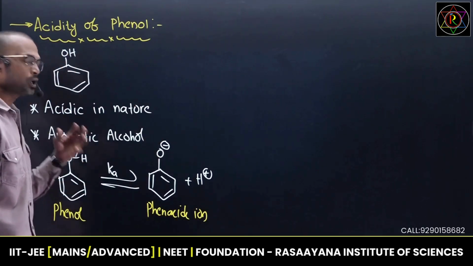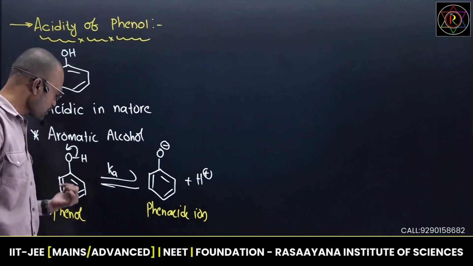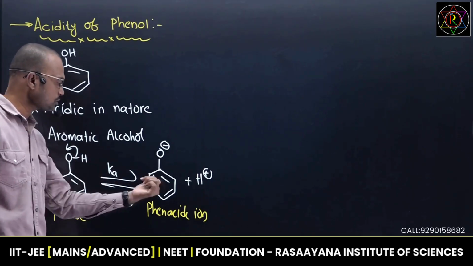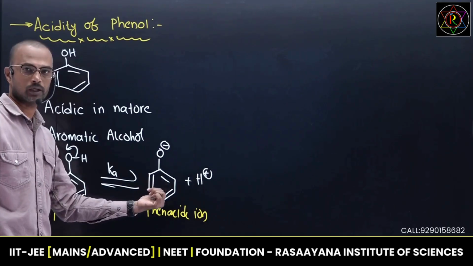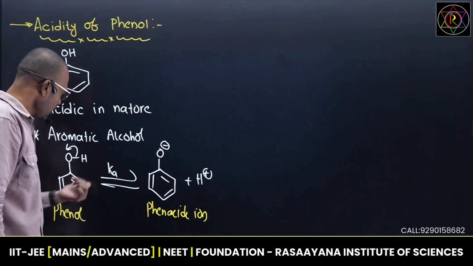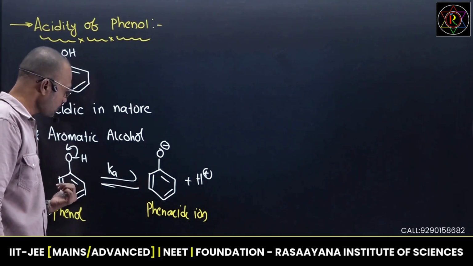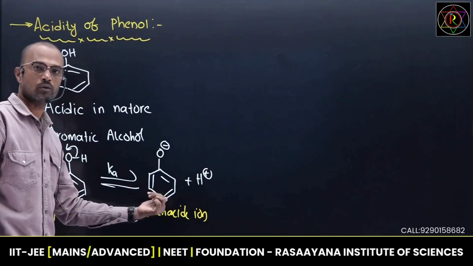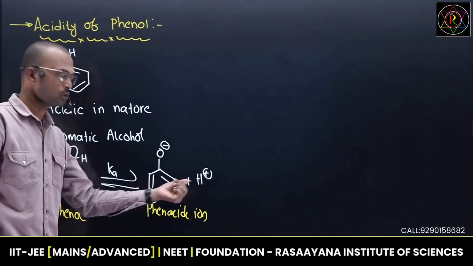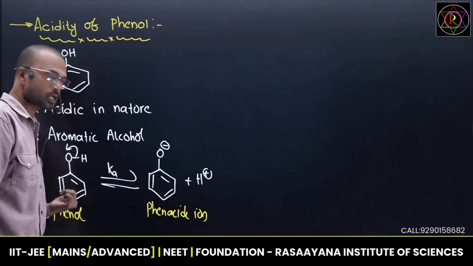So if you want to explain any molecule's acidity, it definitely depends only on the stability of the phenoxide. If you want to compare the acidity of any molecules, it always depends on the corresponding anion which is formed after losing the proton. This is called the conjugate base of this acid.